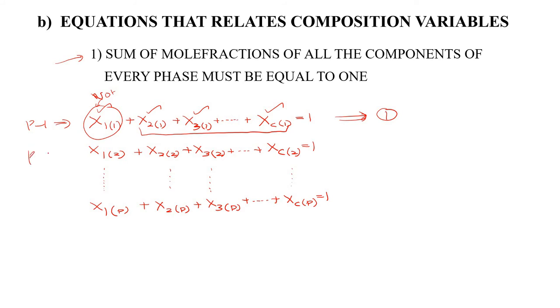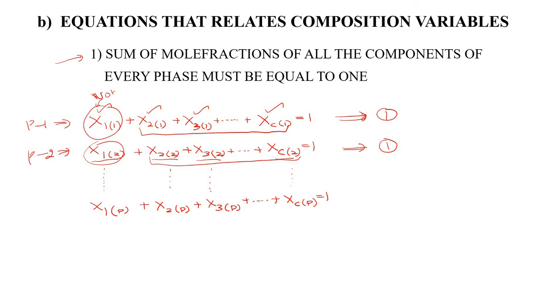Similarly, for phase 2, all components are present. Therefore, mole fraction of component 1 in phase 2, mole fraction of component 2 in phase 2, mole fraction of component 3 in phase 2, similarly mole fraction of component C in phase 2. If you add all these mole fraction terms, that should also be equal to 1. Here also, if you know the values of these variables, then the value of the other variable gets automatically fixed. So, from this equation we can subtract one variable from the total.